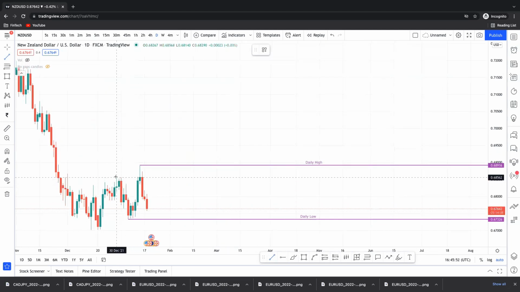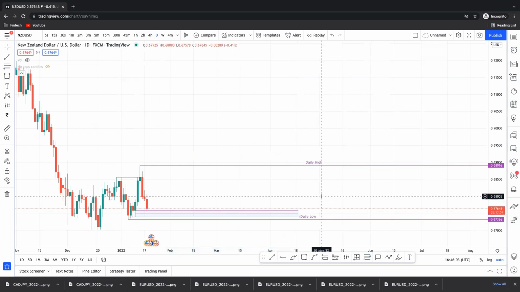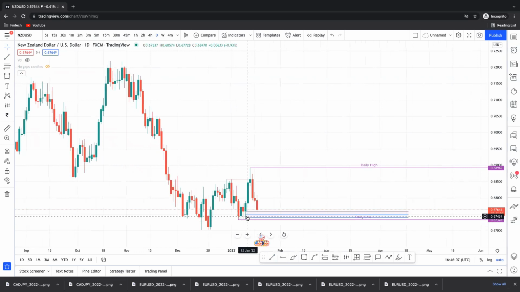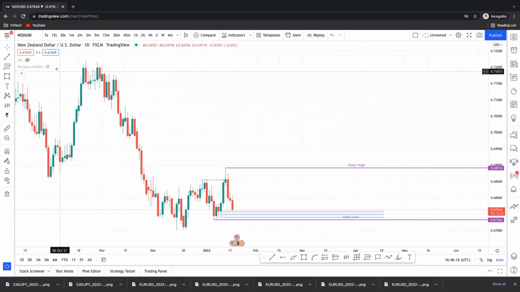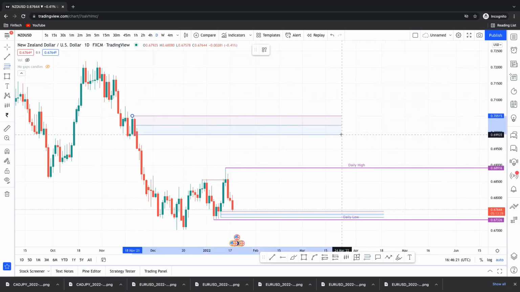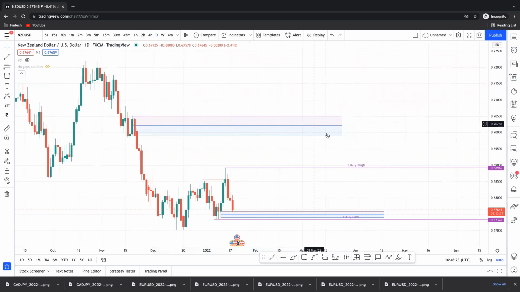We are looking to buy from this wick, because price is efficient here and it makes sense. There will be an unmitigated order block there, and this is probably the next spot we'll be aware of for the sell.